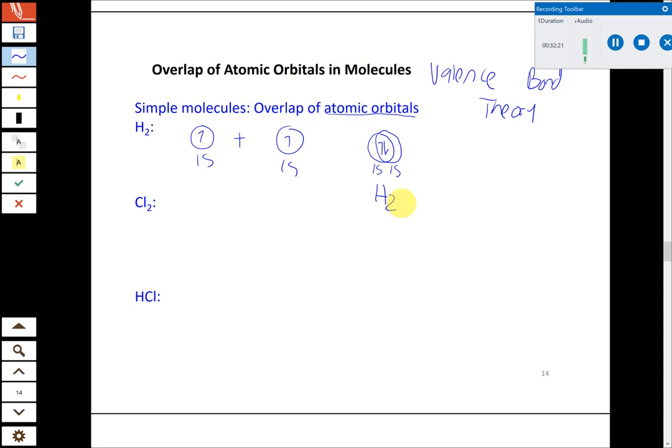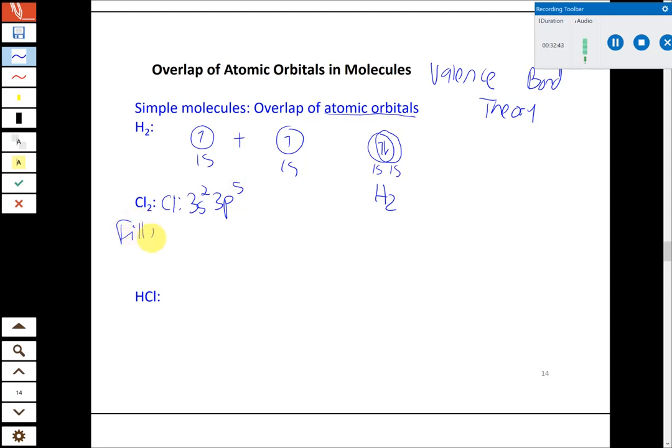If we do Cl2, it's still a diatomic molecule, but now the valence electrons are a little bit different. So each chlorine atom would have, from the periodic table, a 3s2, 3p5 configuration. So in this case, the 3s orbitals are filled, so we can't overlap 3s orbitals to make a bond because there's no unpaired electrons in those to share.